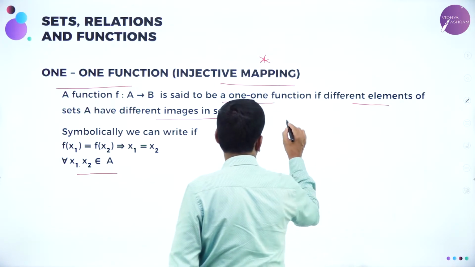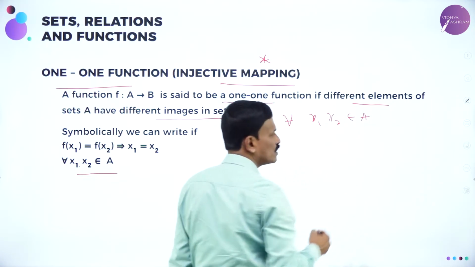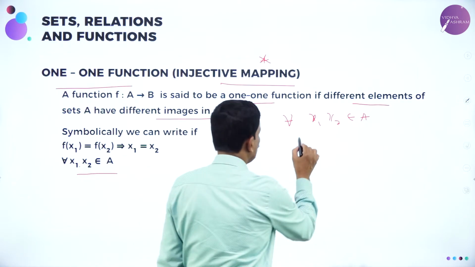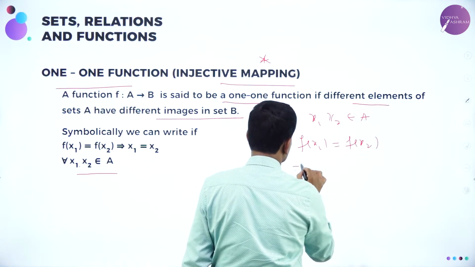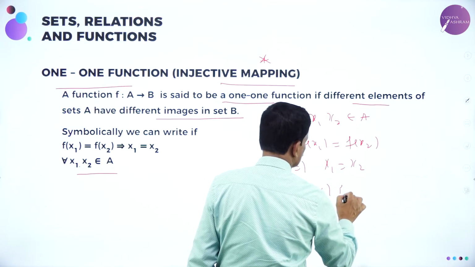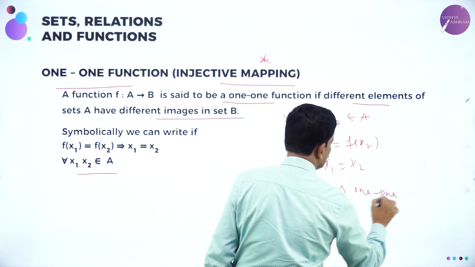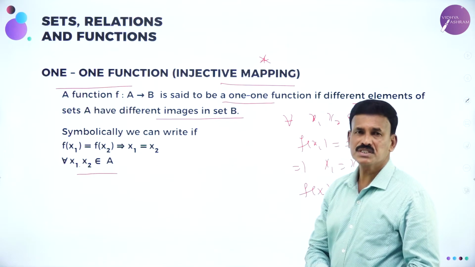If for all x1 and x2 belonging to A, f of x1 is equal to f of x2 implies x1 is equal to x2, then f of x is called a one one function, or it is also called an injective mapping. It is also called an injective function.